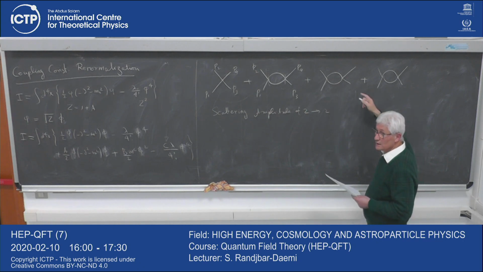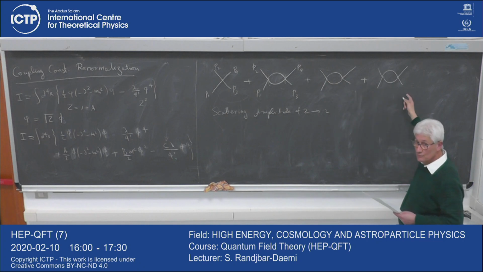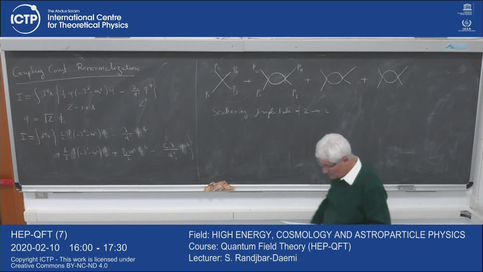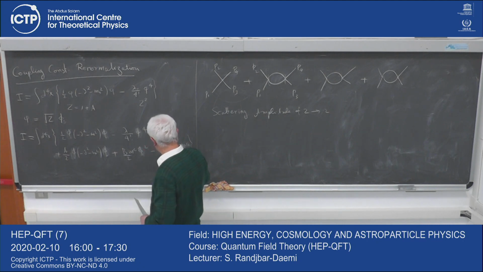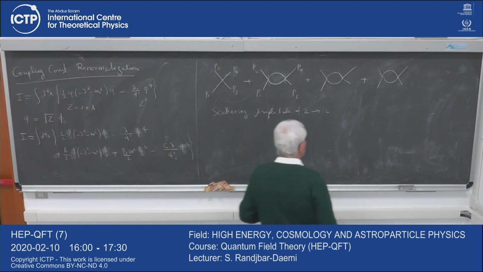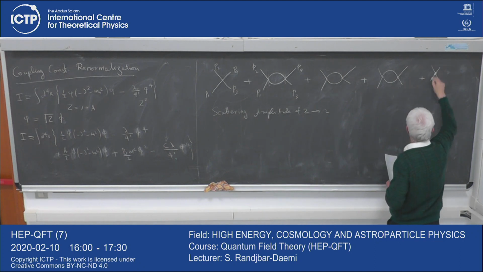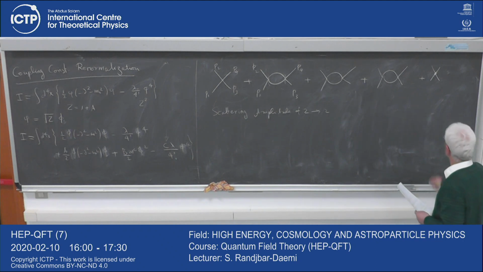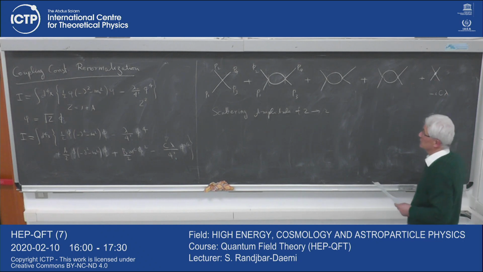You put these external momenta in and permute them, and then you obtain the others. Our final rules tell us that we should also include the counter term, so there will be a counter term vertex. This is the minus i C lambda term associated with that.